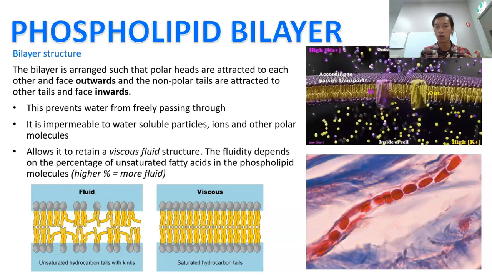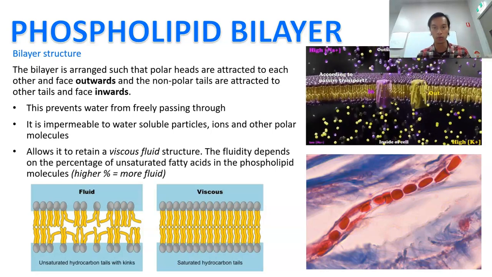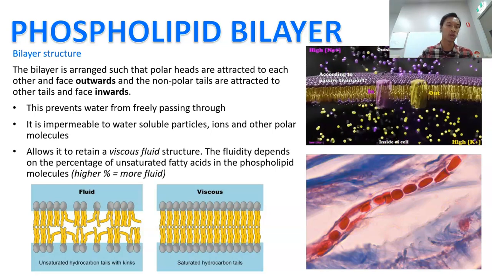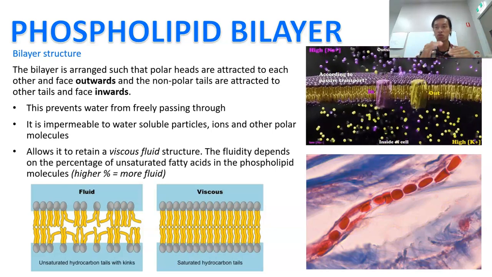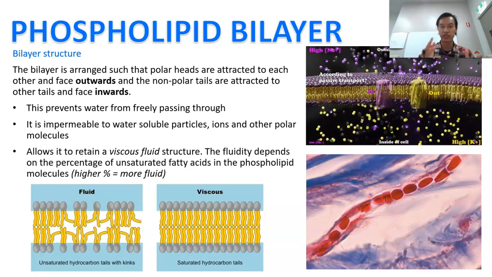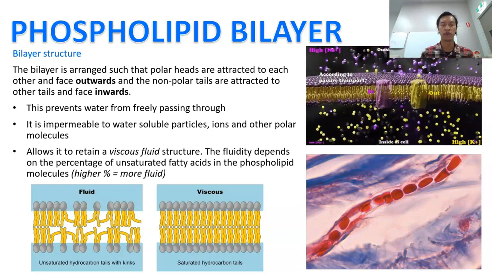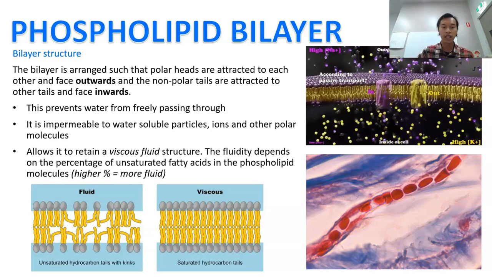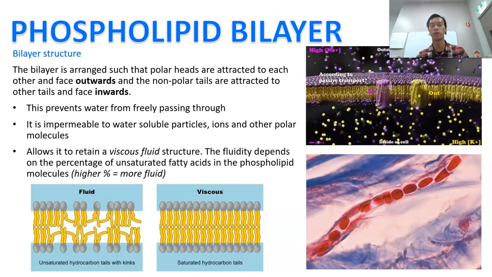So it's impermeable to water, but it's also impermeable to other things that are water soluble, like ions and polar molecules, and it retains that viscous fluid structure depending on the amount of saturated or unsaturated fatty acids inside the phospholipid molecules, right? The higher the percentage of unsaturated fatty acids, the more fluid it is, right?